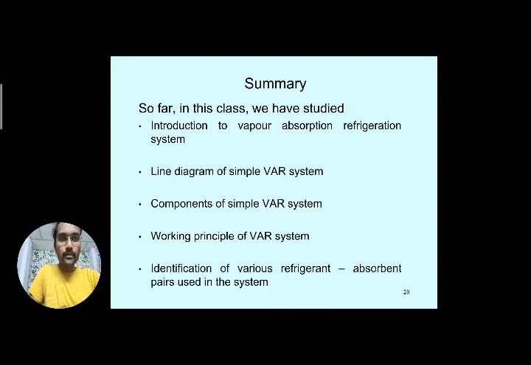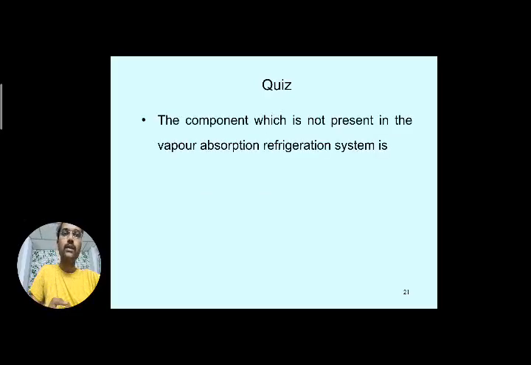Next, the identification of various refrigerants: we saw the main refrigerant and absorbent pairs, that is ammonia and water, and lithium bromide and water. So we have understood the complete explanation, components, and working principle of the vapor absorption refrigeration system.